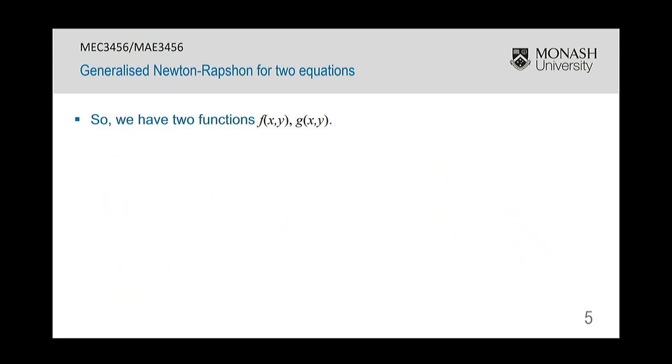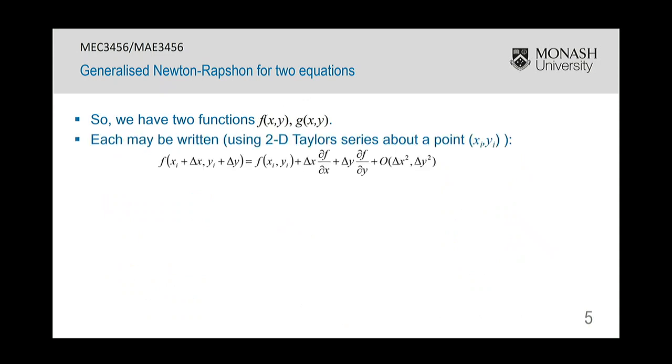So our 2 functions f and g can each be written using two-dimensional Taylor series. Let's imagine we know the function value at a point xi, yi, and we want to know what the function value is at some neighbouring point, xi plus delta x, yi plus delta y. We can expand that in a two-dimensional Taylor series.